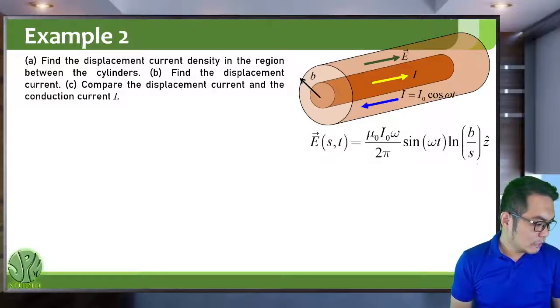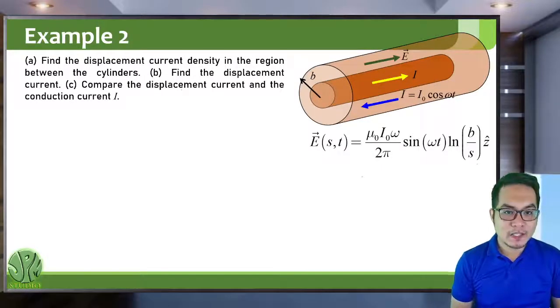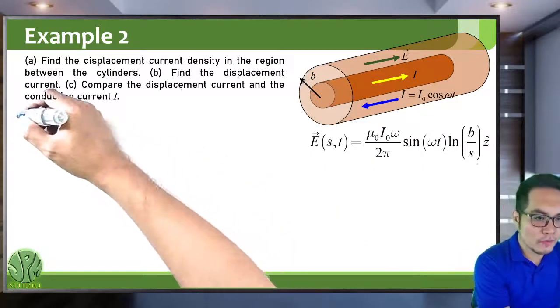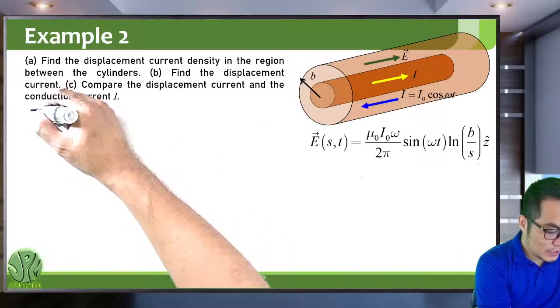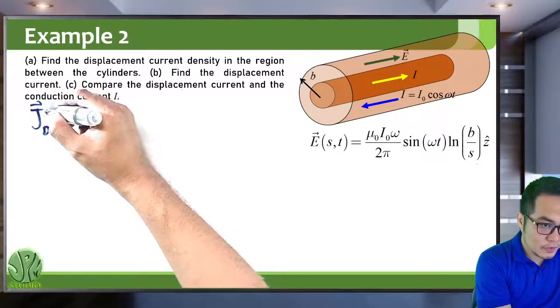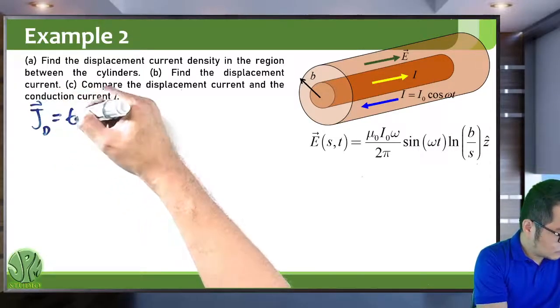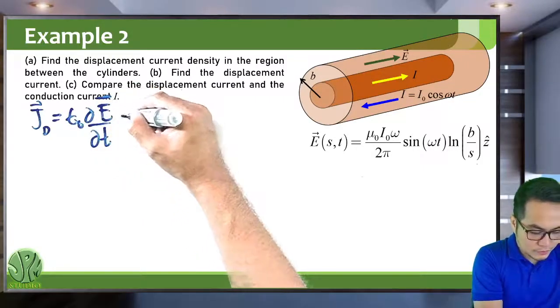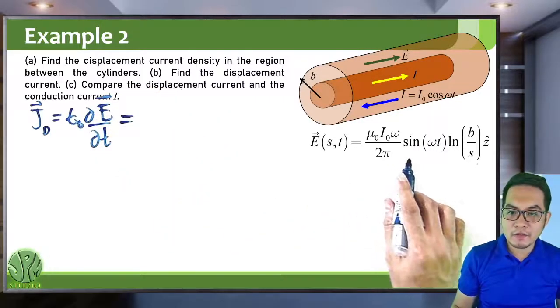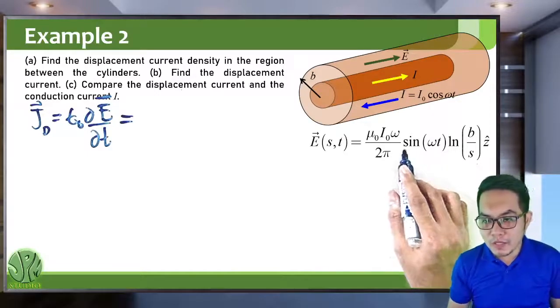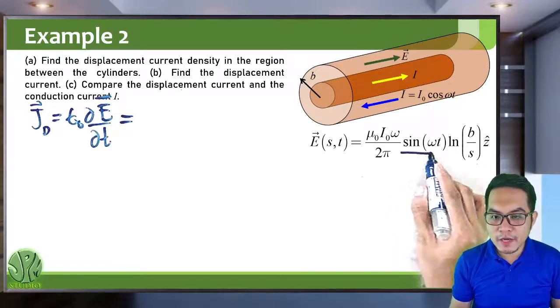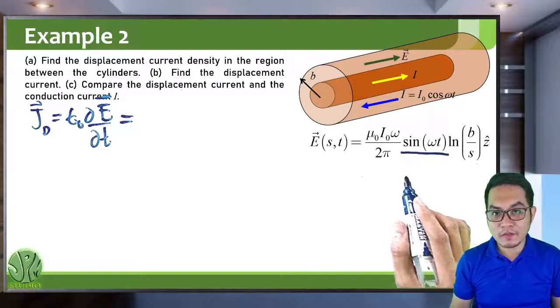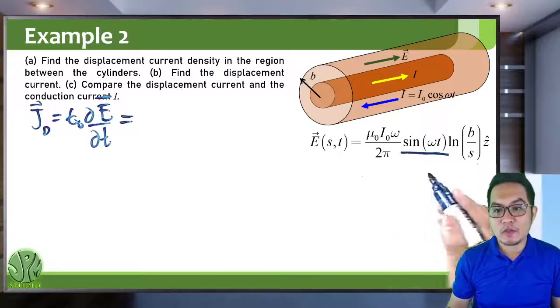So in this problem, we are asked to find the displacement current density in the region between the cylinders. So for letter A, you're asked to find JD, the displacement current density, and it's just epsilon naught partial of E with respect to t. So you just take the derivative of this with respect to time. There's only one term here that contains time, sine omega t. The derivative of sine omega t is cosine omega t times omega.